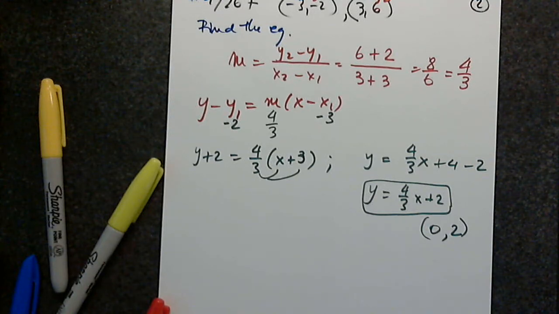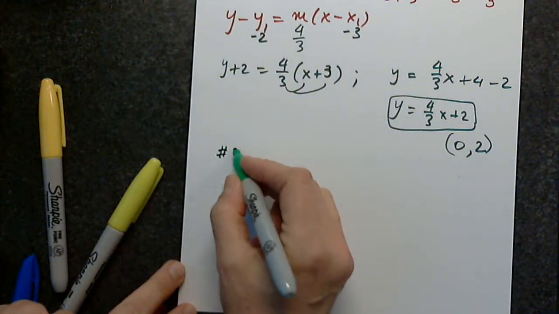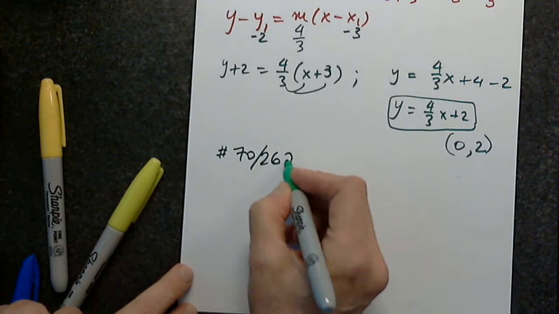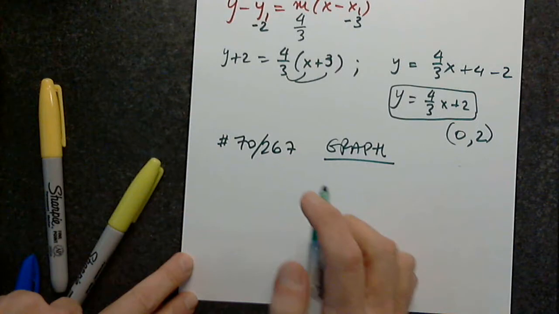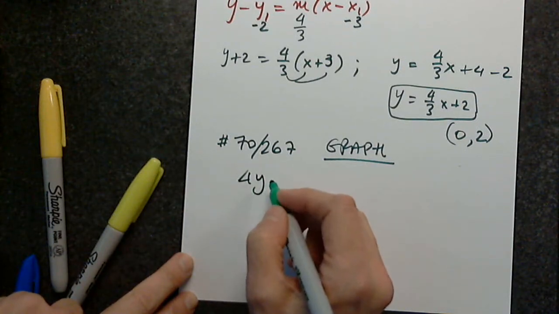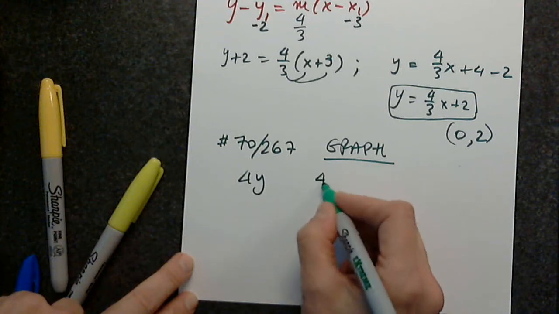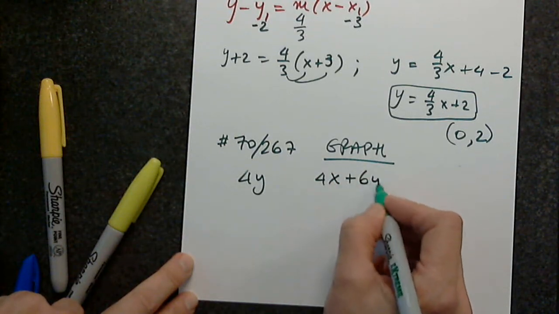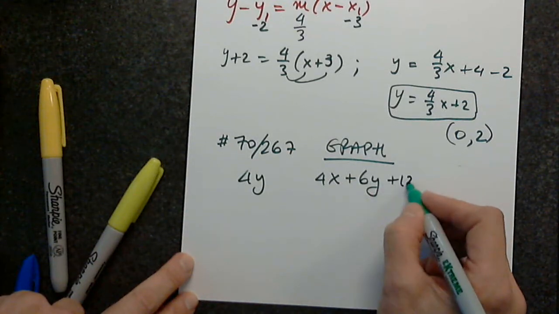Let's look at graphing the following equation. So let's say problem 70 on page 267. Graph. So we have 4y... I'm sorry, I'm copying from something else. 4x plus 6y plus 12 equals 0.